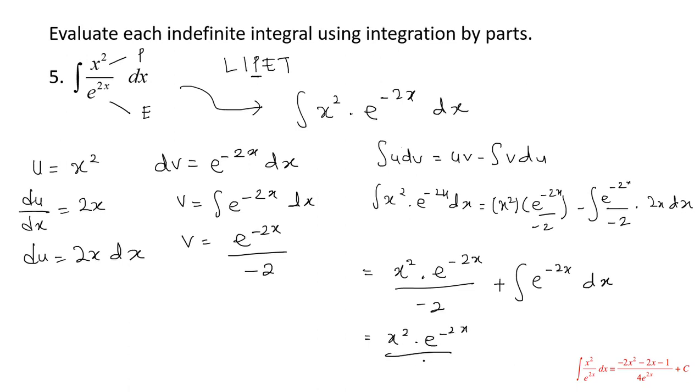Actually the process of integration becomes exponent negative 2x over negative 2 again, and then plus c. You may leave your answer like this, but actually you have to simplify. So actually this is the answer.